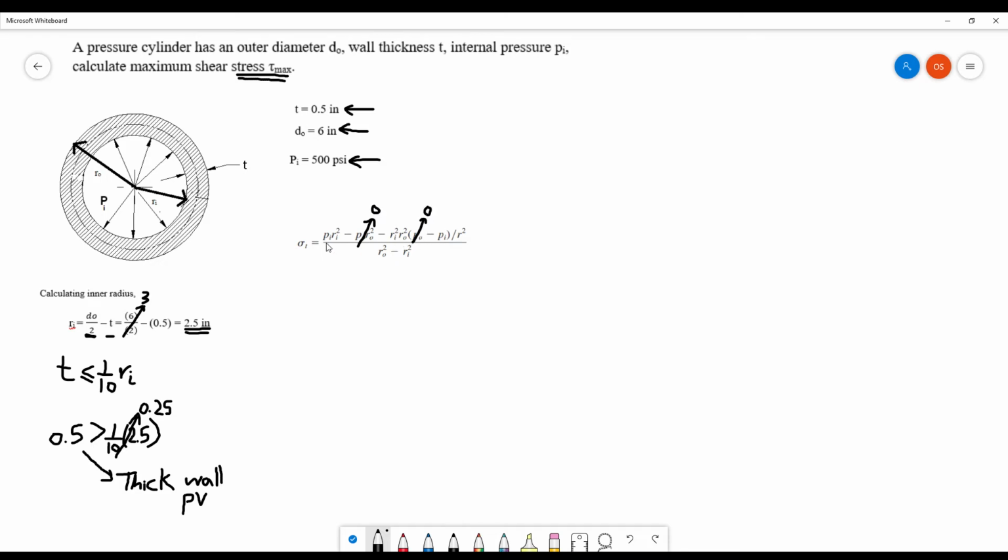And we're going to plug in the values for PI, RI, and RO. And for R right here, we're going to plug in RI, because tau max is going to appear at the inner radius, since we have an internal pressure with no external pressure.